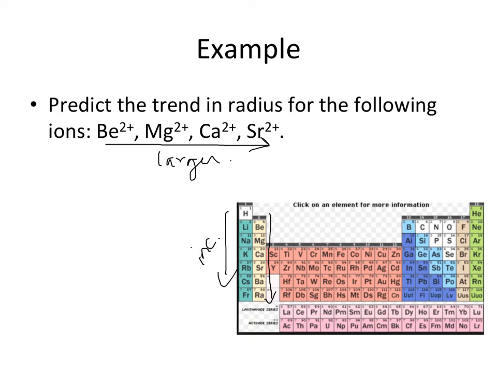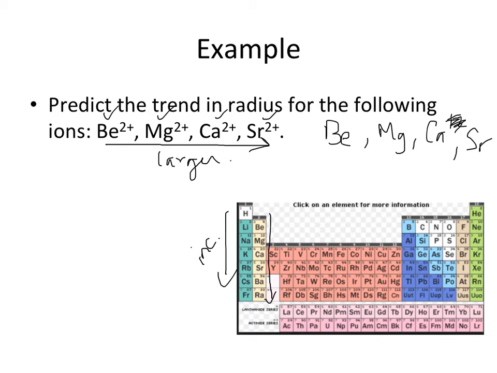Now, each of these ions, when discussed with respect to their original neutral parent atoms, would be described as smaller, right? Because remember, when you remove electrons, you get that contraction because the nucleus is pulling more tightly on fewer electrons.